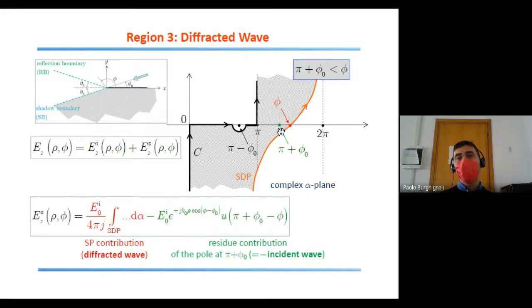So in this case, the scattered field is the sum of the contribution of the steepest descent path, that is the diffracted wave in red, plus this discontinuous contribution, which is, after doing the algebra, nothing but the opposite of the incident wave. However, because of the presence of this unit step function, this contribution only occurs beyond the shadow boundary.